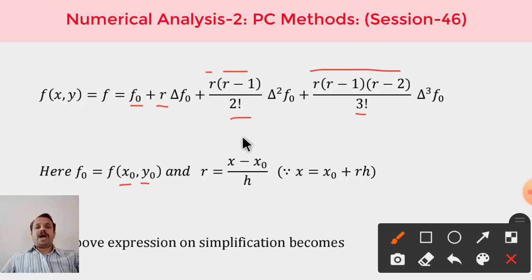I hope you remember these from my lecture on interpolation. So these are the coefficients, and the terms: here there is no difference term, here the first order difference term, here the second order forward difference term, here the third order forward difference term of f at the point x0.